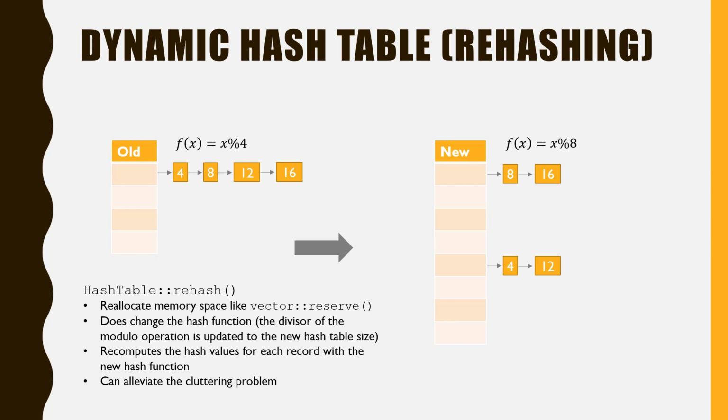Then, we recompute the hash values for all records using the new hash function. We can see that records 8 and 16 are now stored in the first bucket of the new hash table, and 4 and 12 are stored in the fifth bucket. The largest size of the linked list in the new hash table is now reduced to 2, compared to that of 4 in the old hash table.